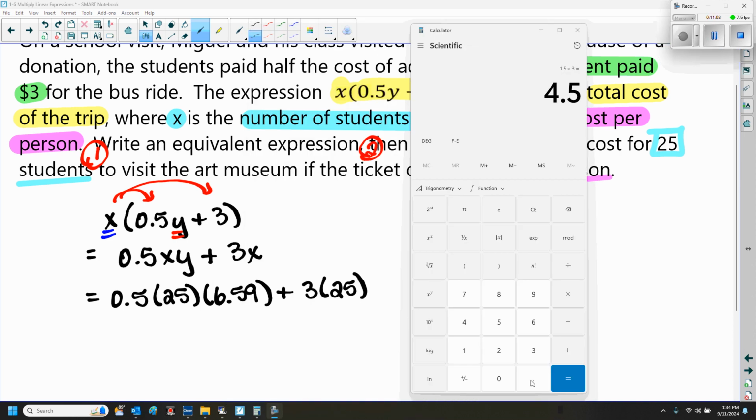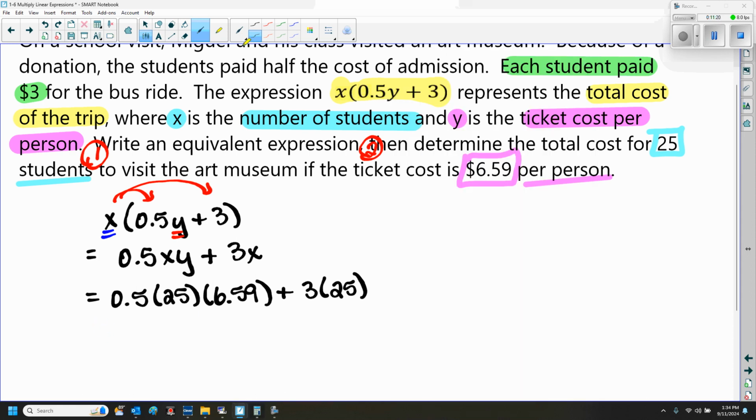All right, so we're going to multiply 1/2, so 0.5, times 25, times $6.59, and that gives us 82.375. So this 82.375 plus 3 times 25 is 75.